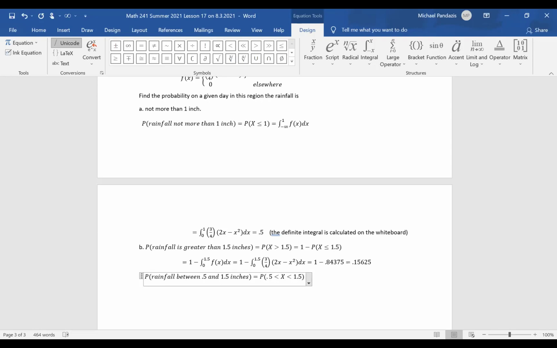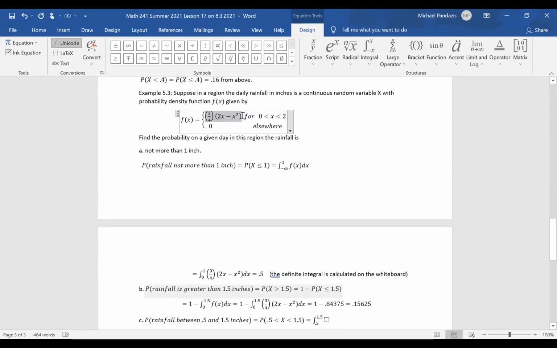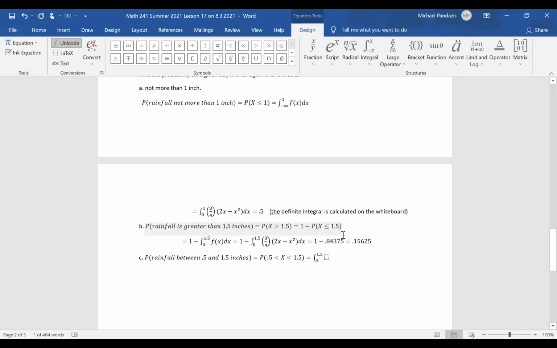Okay, and so this is equal to the definite integral from 0.5 to 1.5 of the PDF, which is defined there to be this function, and then dx.